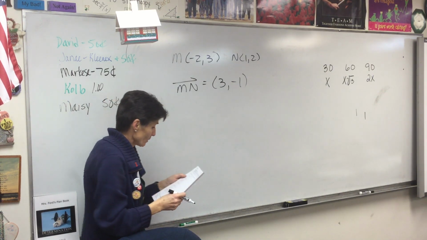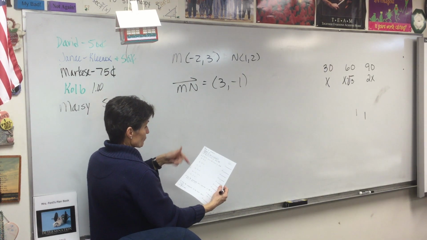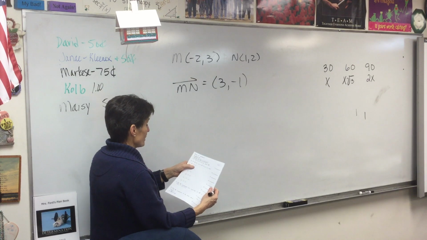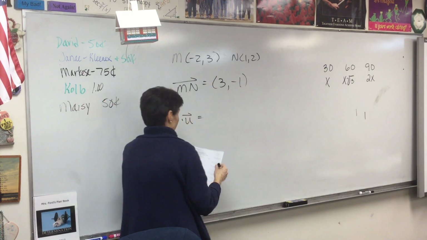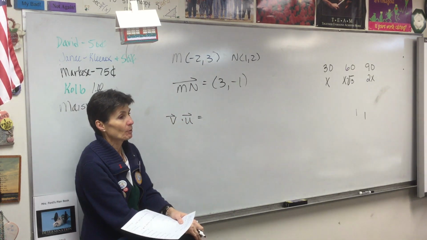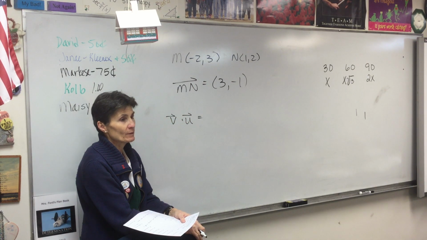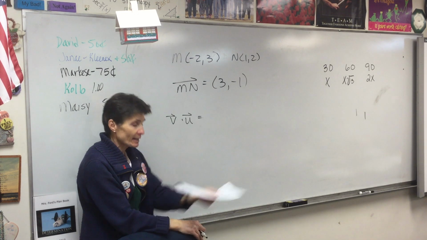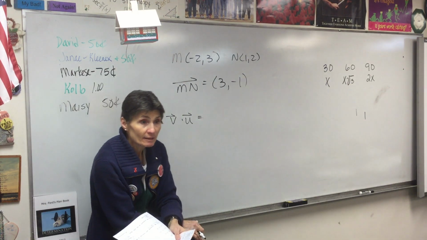Got it? Now, we've got a whole bunch of different vector things, kind of looks like yesterday's quiz. A says V dot U. All right, so who remembers? How do we do a dot product? X times X, Y times Y, and plus them.